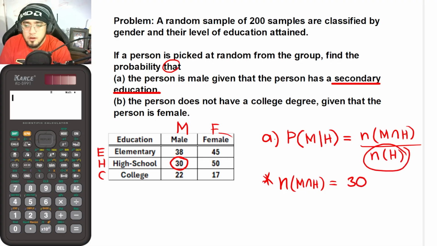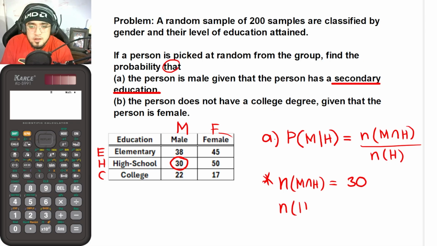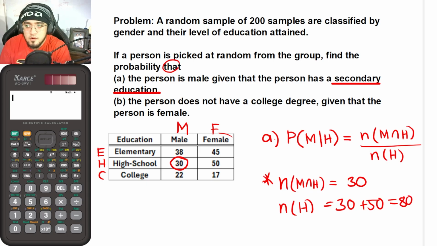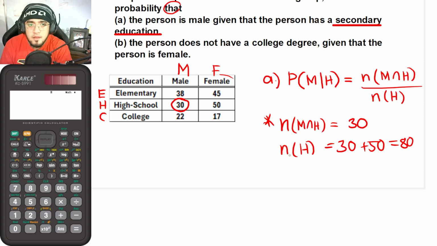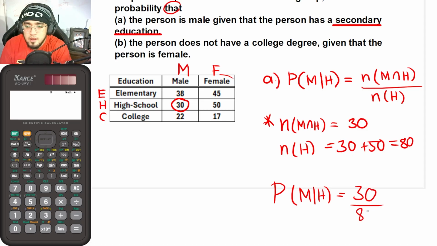So what about for the number of high school graduates? So N, H, this is now equal to, so how many high school graduates are there? So that is now 30 plus 50. Thus, this is 80. So from that, the probability of M and H is now equal to, substituting known values, 30 divided by 80.